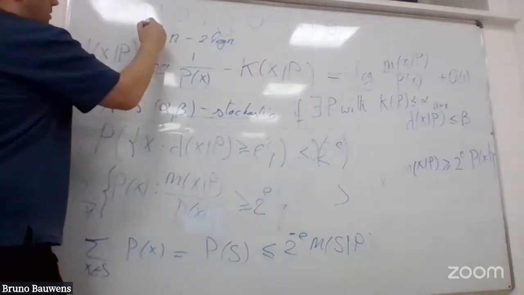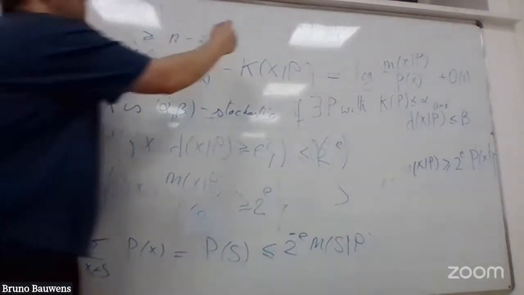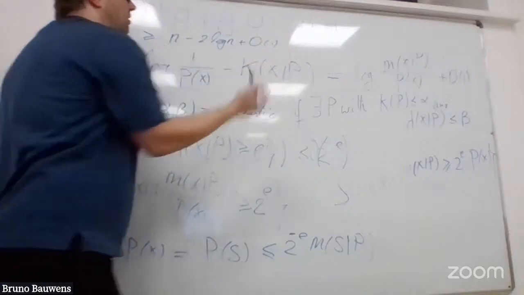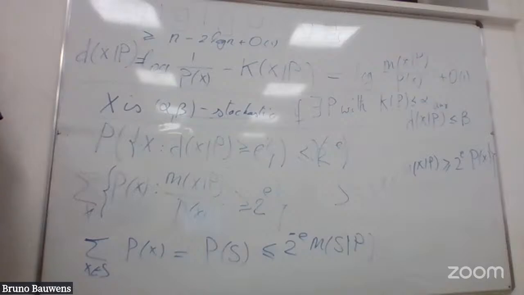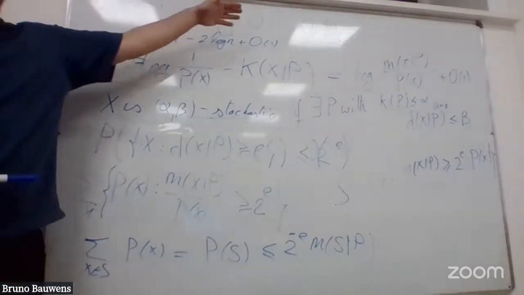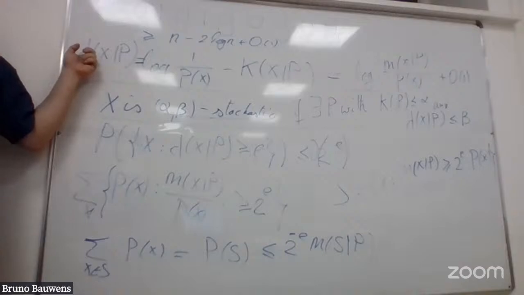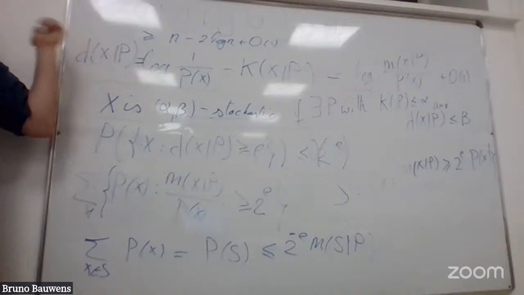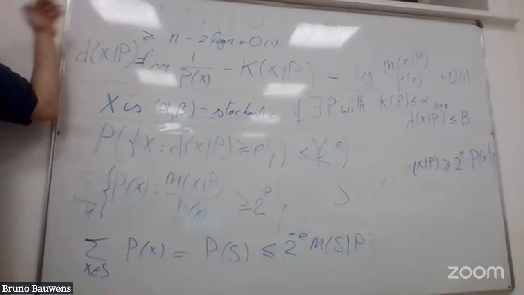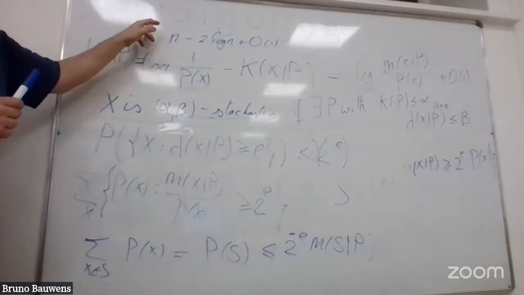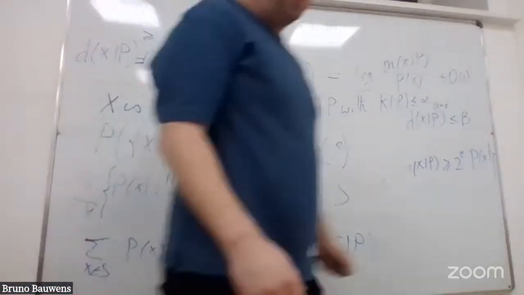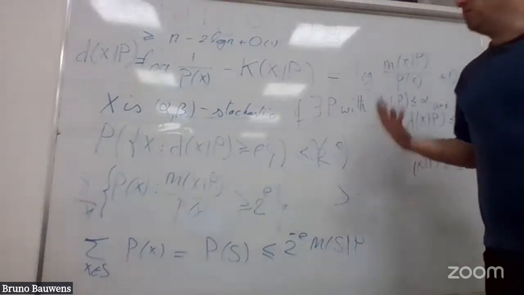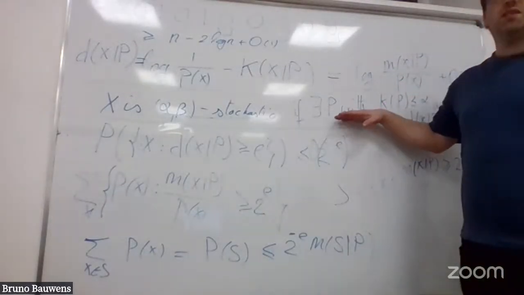So the deficiency is bigger than n minus O(log n). And so if we say all zeros, then the significance of our test will be 2 to the power n. So we reject the hypothesis of being random in the even positions. Okay, so this is a statistical test, and this is the motivation of randomness deficiency.